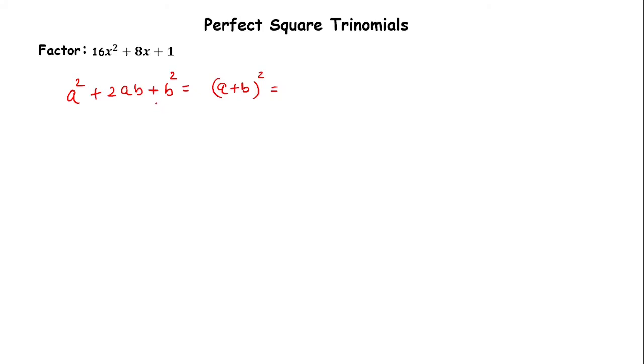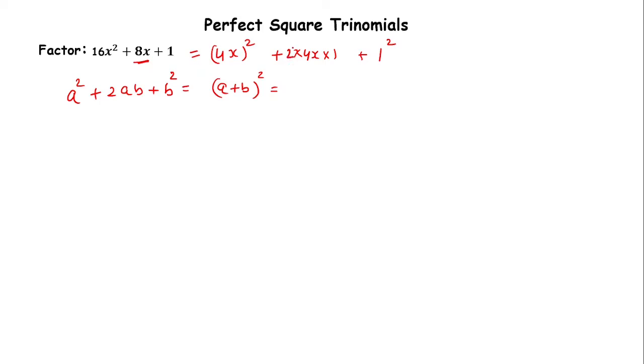That formula I wrote in the first slide. So I can write the first term as 4x whole square, plus the third term as 1 square, and the middle term, which is 8x, can be written as 4x times 1 times 2.